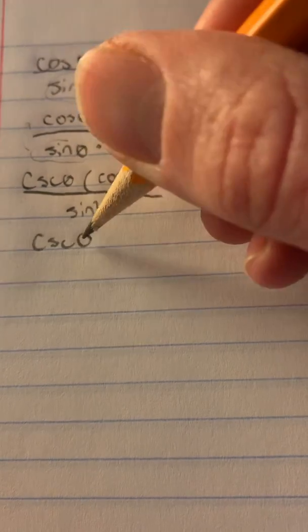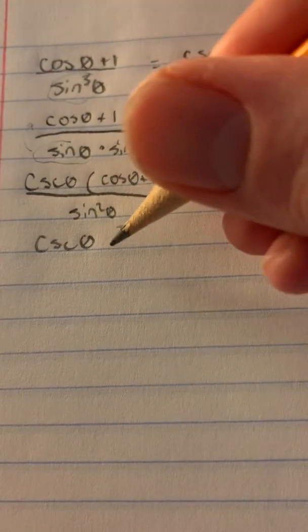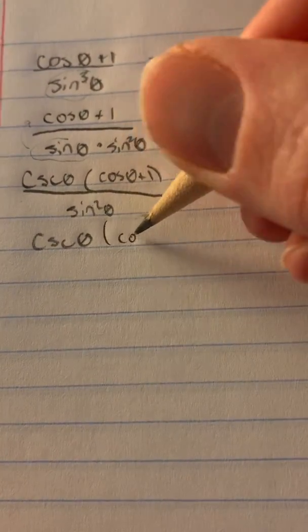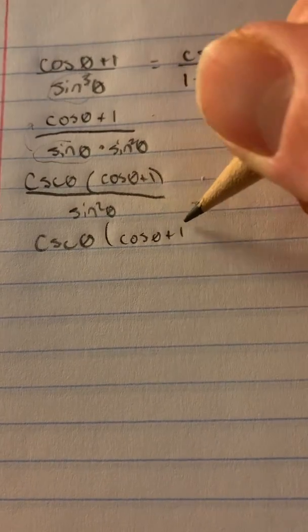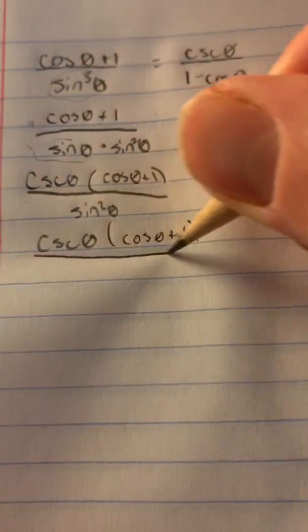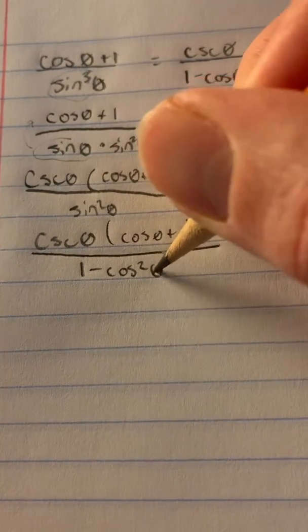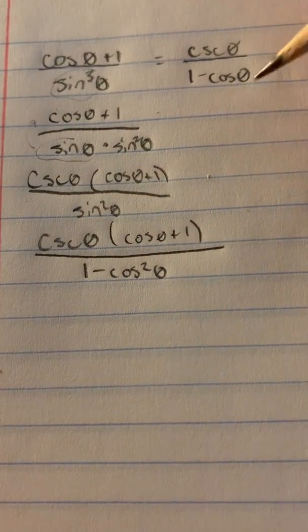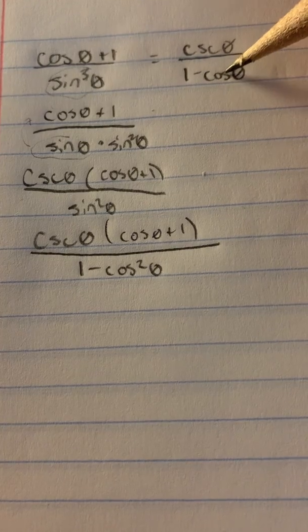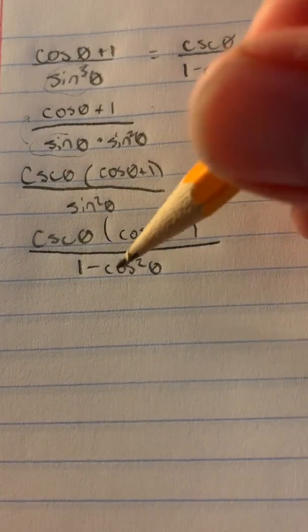And some of you might be able to see where we're going to go from here. We now have cosecant of theta multiplied by the cosine of theta plus 1 divided by 1 minus the cosine squared of theta.